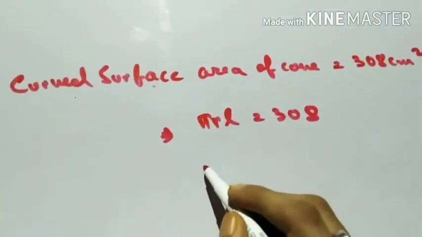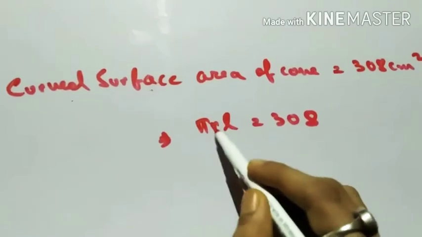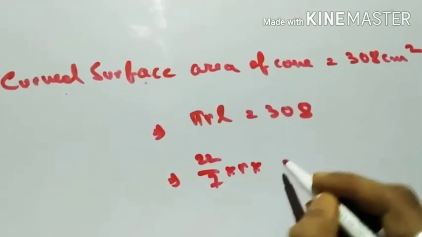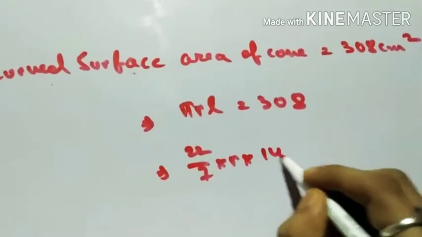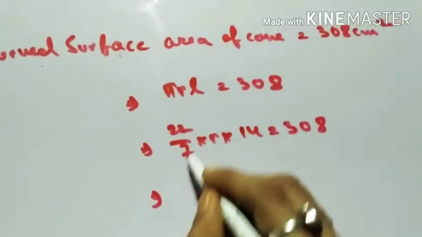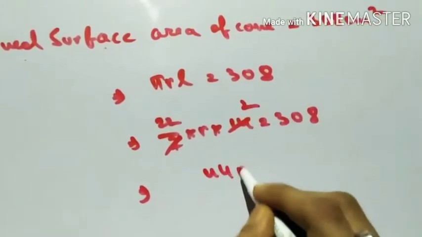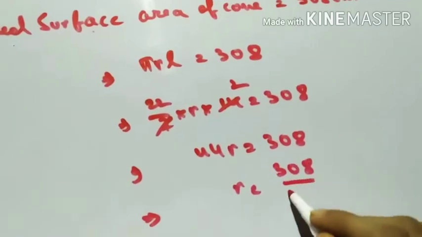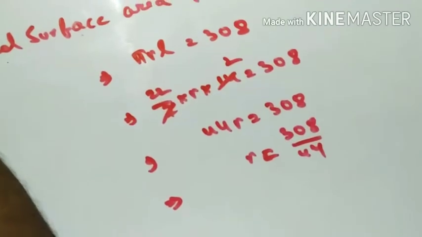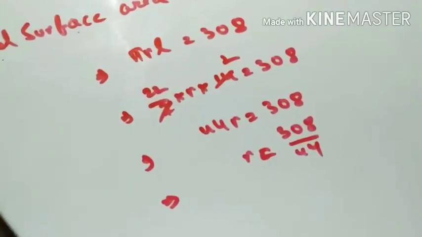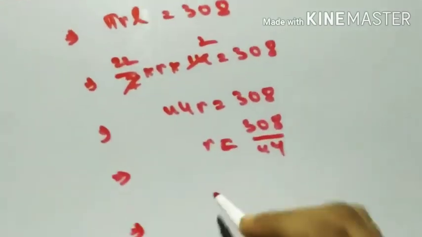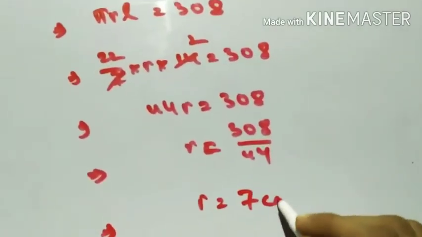Now the slant height is given, and I have to find the radius of the base. So 22 by 7 into R into slant height, which is given as 14, is equal to 308. 7 2s are 14, so 44 R is equal to 308. R is equal to 308 by 44. 308 divided by 44, I will get 7.